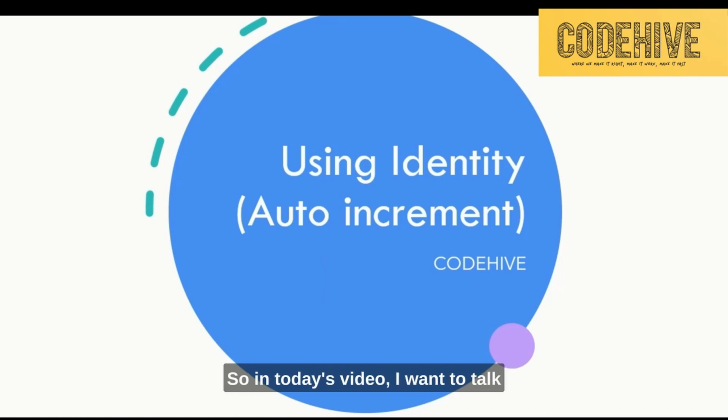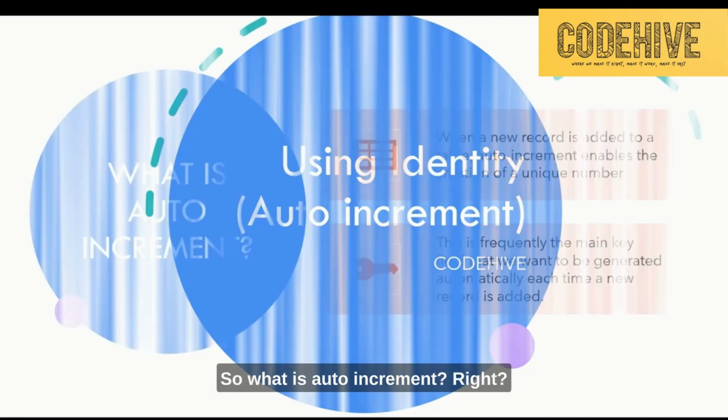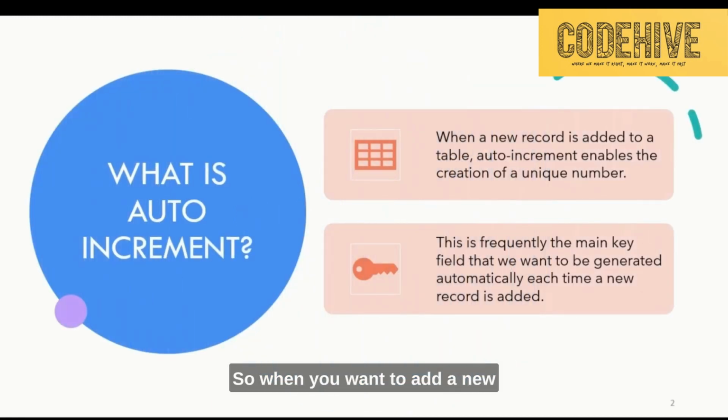So in today's video, I want to talk about how to use the identity keyword. Some of you may know it as auto increment, but that's what I want to talk about. So what is auto increment? When you want to add a new record to a table, auto increment enables the creation of a unique number.